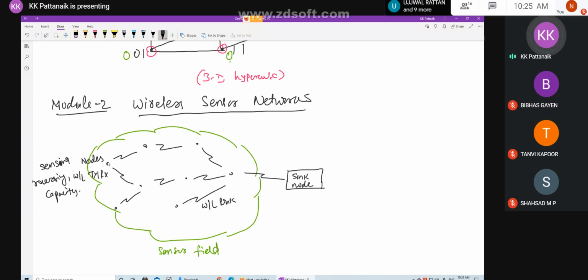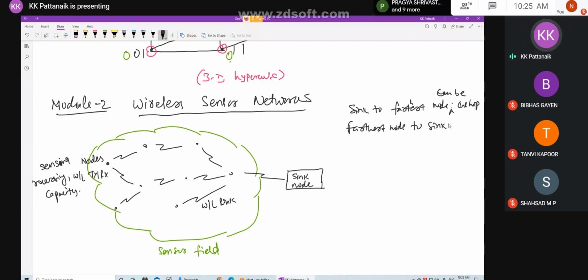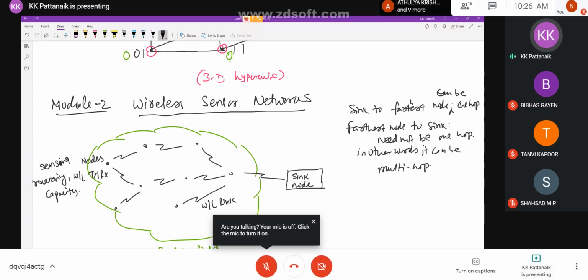So in that case it may use multi-hop communication to reach the sink node. Sink to farthest node can be one hop, but the farthest node to sink need not be one hop; it can be multi-hop.